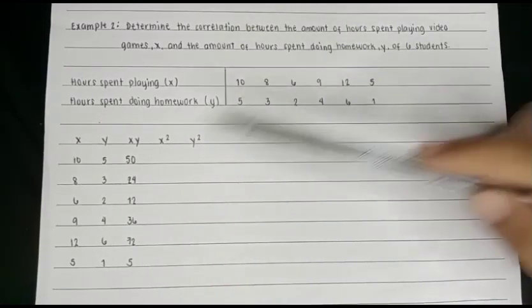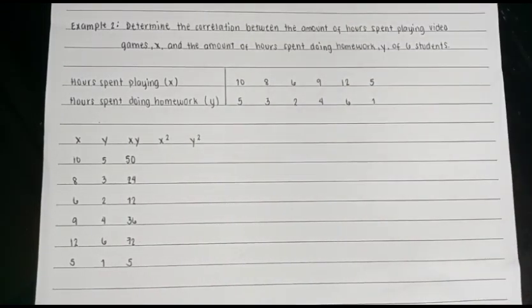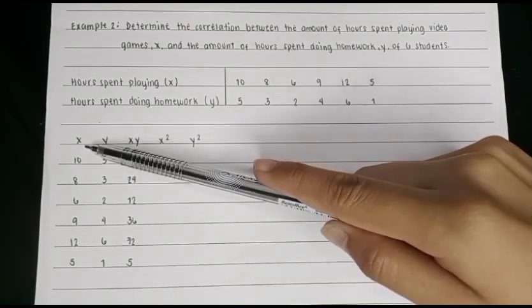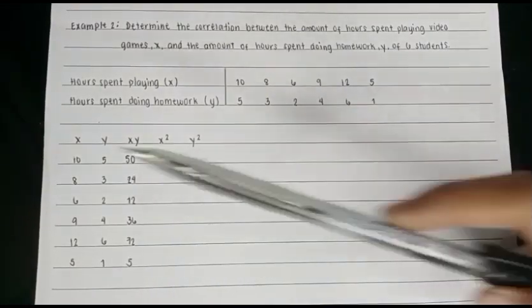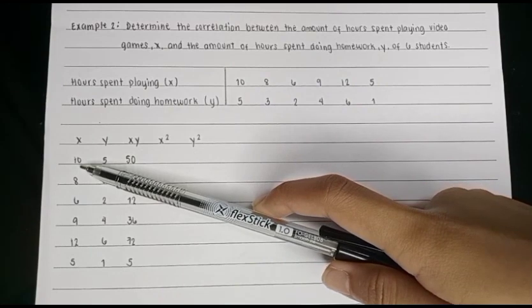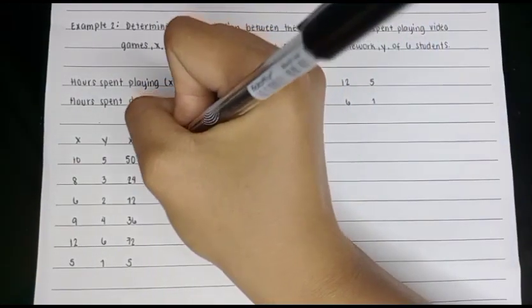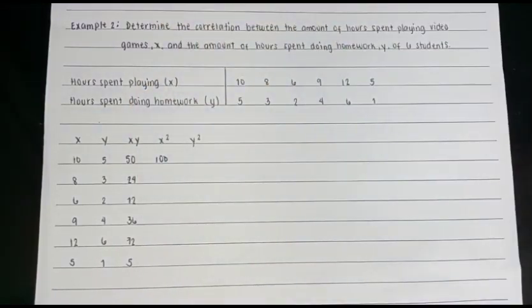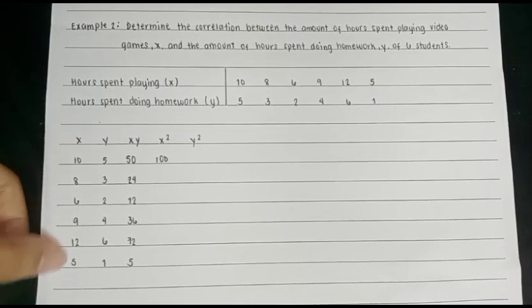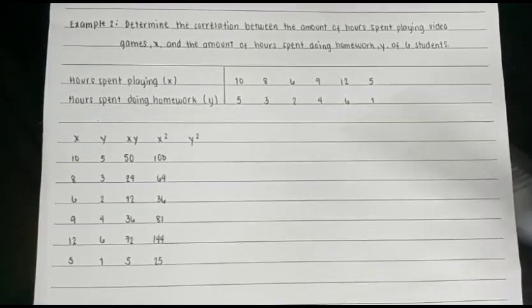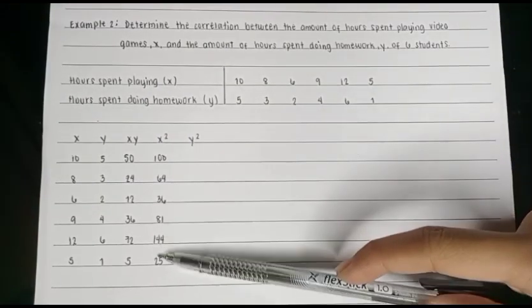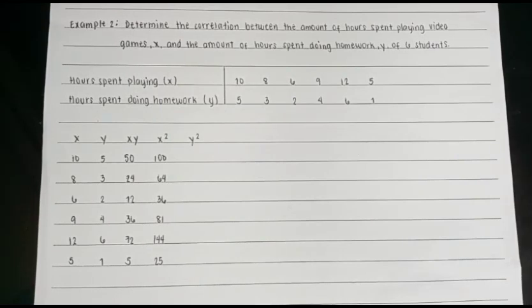Proceed naman tayo sa x squared. Same process ulit. Squared lang natin lahat ng value natin sa x. So, 10 squared is equal to 100. Then the rest, squared lang natin yung mga natirang iba. So, ayan. Ito na ngayon ang values ng ating x squared. Last naman is yung y squared.